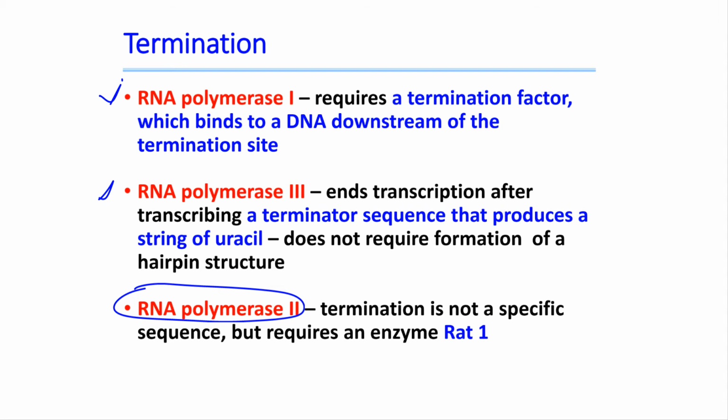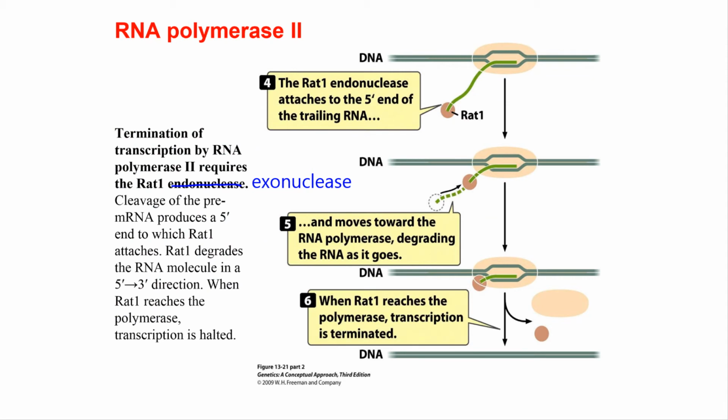Let's now talk about transcription termination during RNA polymerase II transcription. RNA polymerase II continues to synthesize RNA hundreds, sometimes even thousands, of nucleotides beyond the coding sequence which is necessary to produce the mRNA.